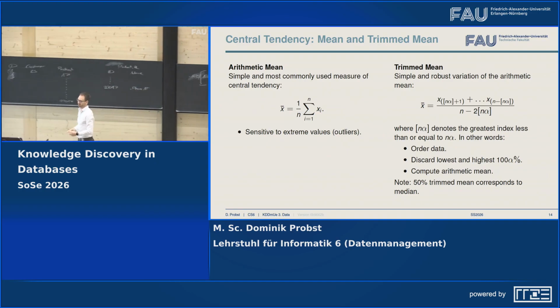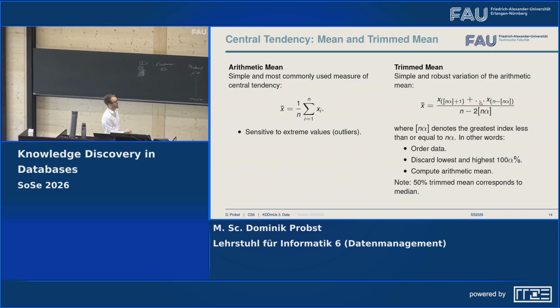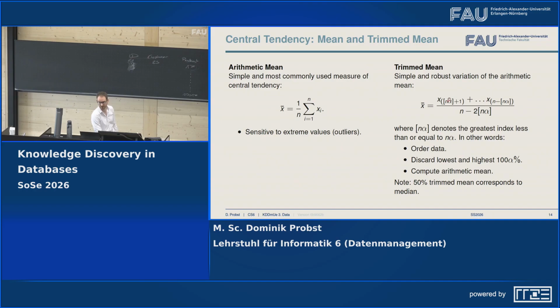More or less, that's what this formula is about. We're simply discarding the lowest and highest x% of data to avoid having outliers in that calculation.